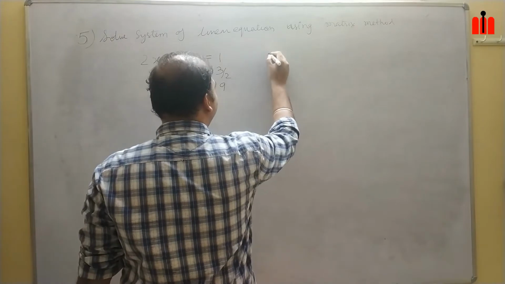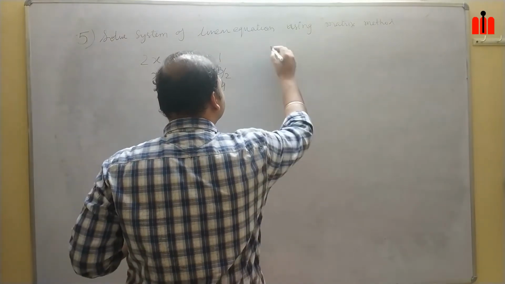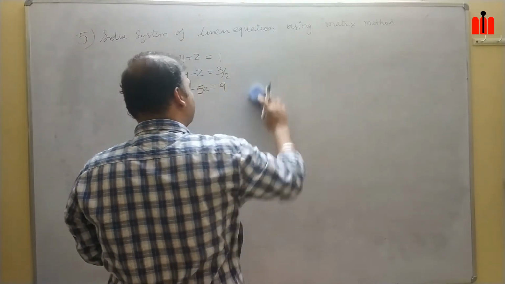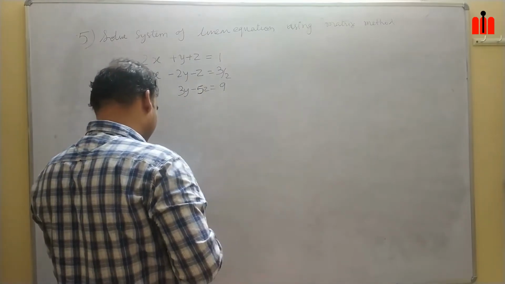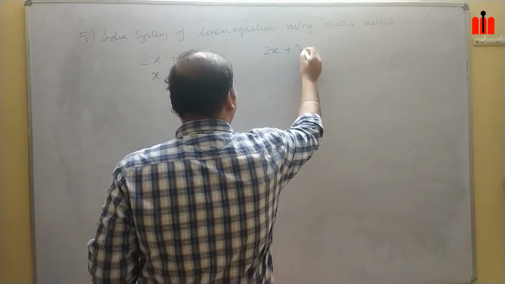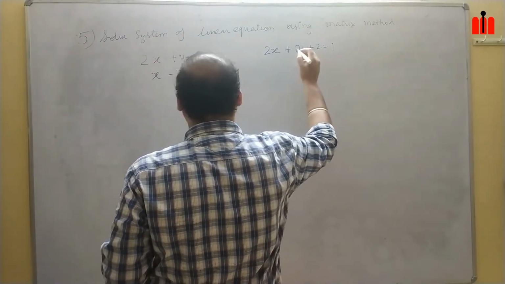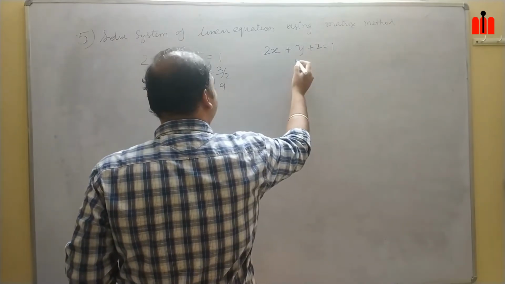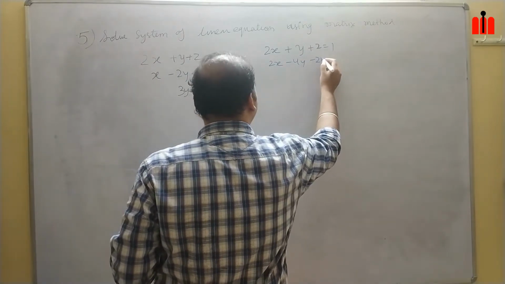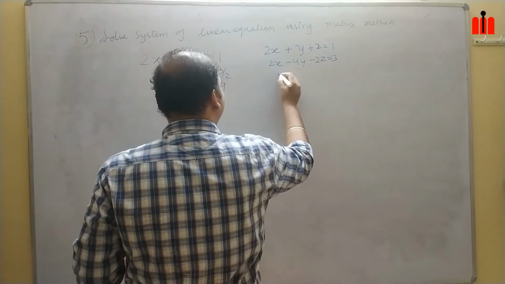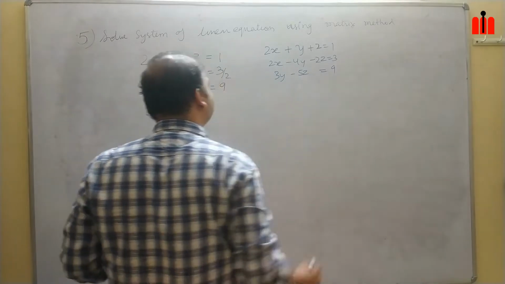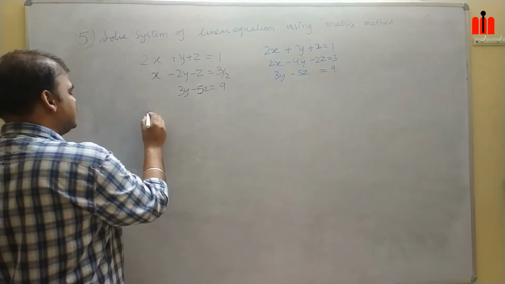The equations will become 2x plus y plus z equal to 1, then 2x minus 4y minus 2z equal to 3, and 3y minus 5z equal to 9.